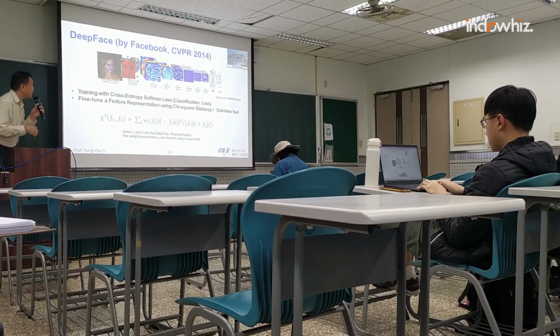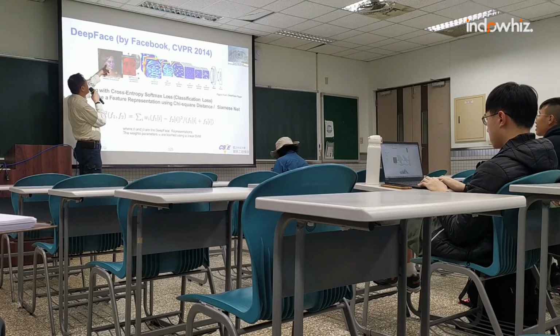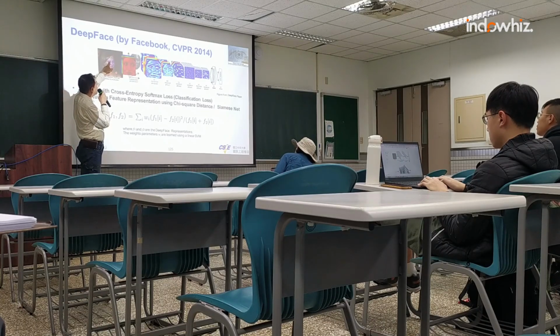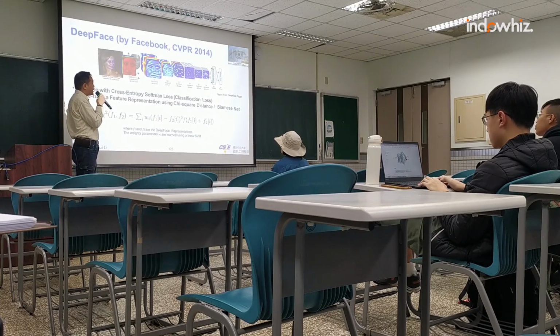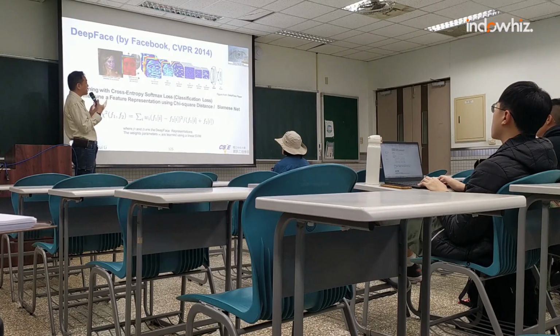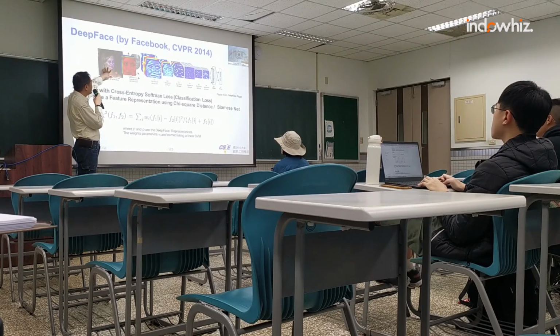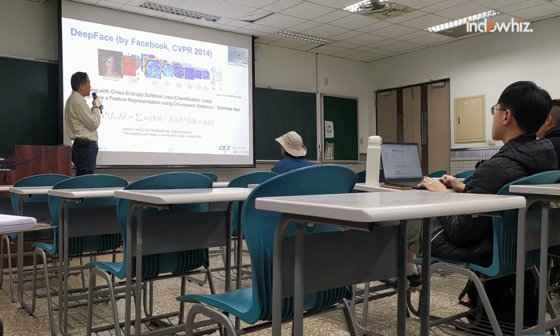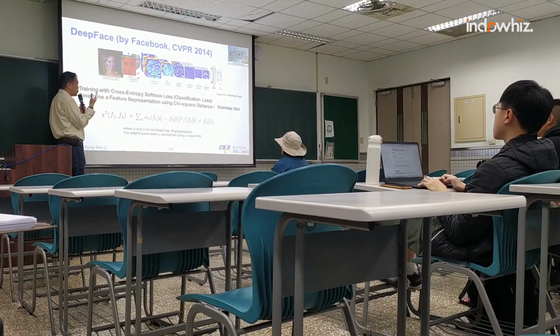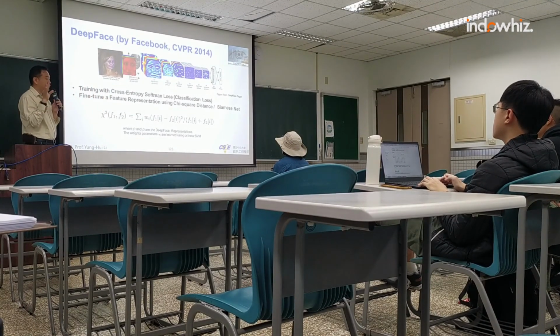So if you can detect the location of the eyes, brow, nose, mouth, and also the contour of the face, then you can apply a 3D model to fit this face image, and use this 3D model to normalize the face.